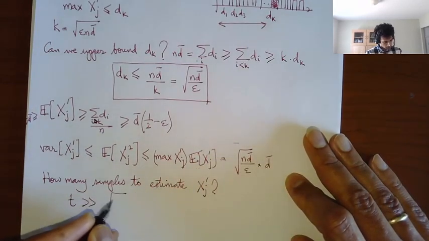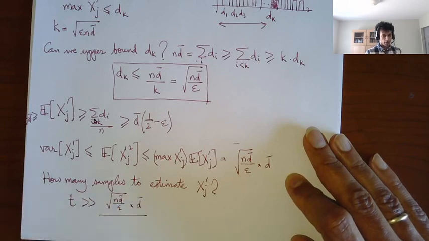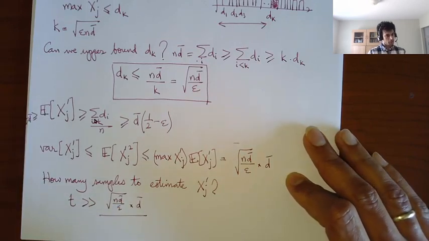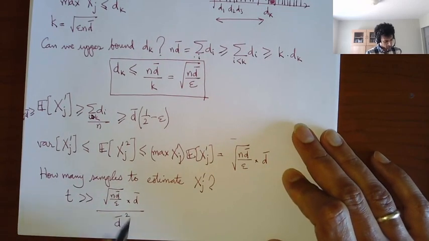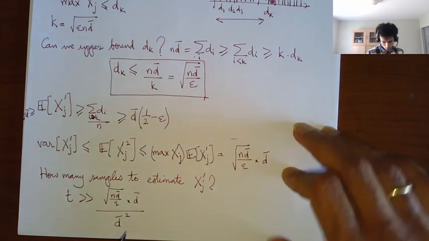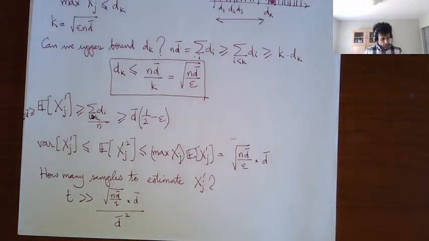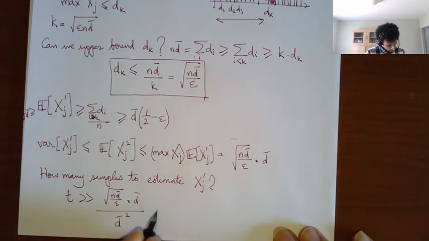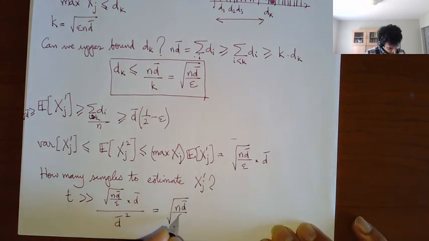So let me put down the variance there, n d prime divided by epsilon, times d prime, divided by the expectation squared. Again, ignoring constants here, which I can reset later, the expectation squared is that. And so what I get from this process is essentially the square root of n d prime divided by epsilon.